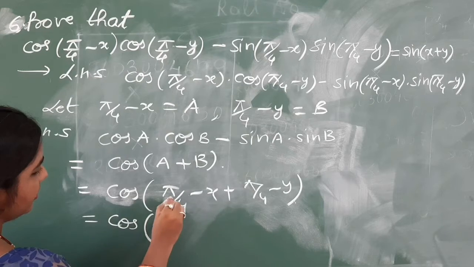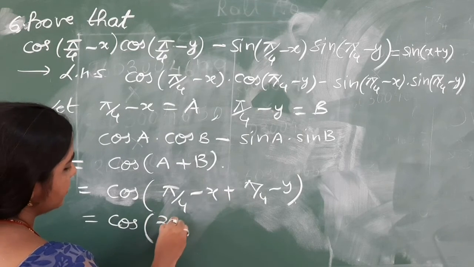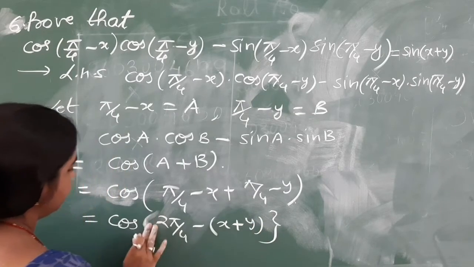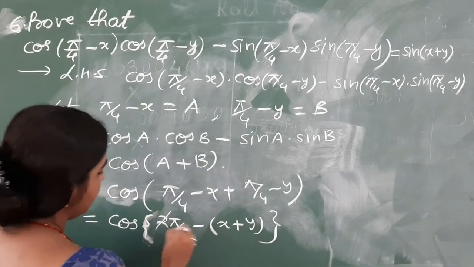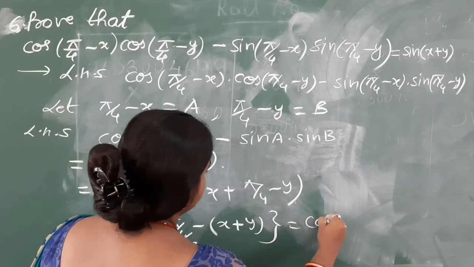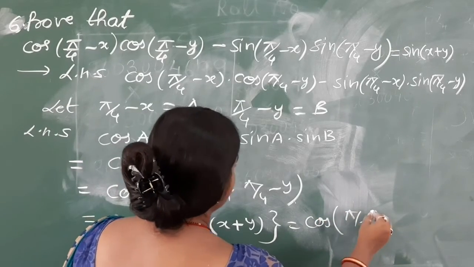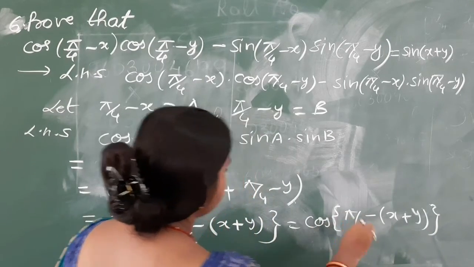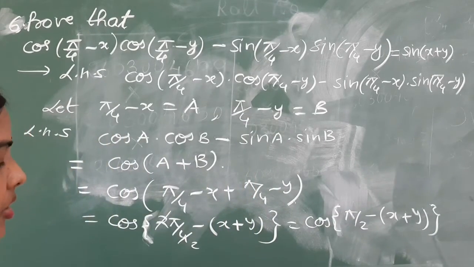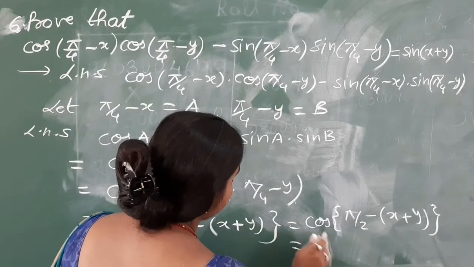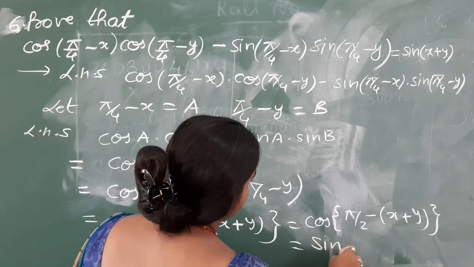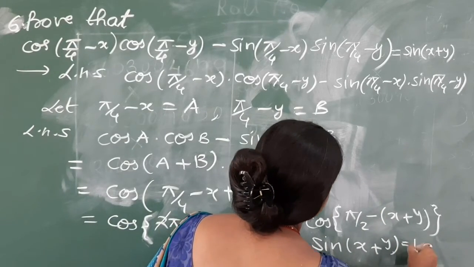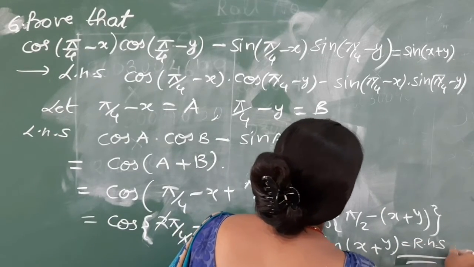So cos of pi by 4 plus pi by 4, that becomes cos of pi by 2 minus (x plus y), which is sin theta. So sin of x plus y, that is the RHS. So it is true.